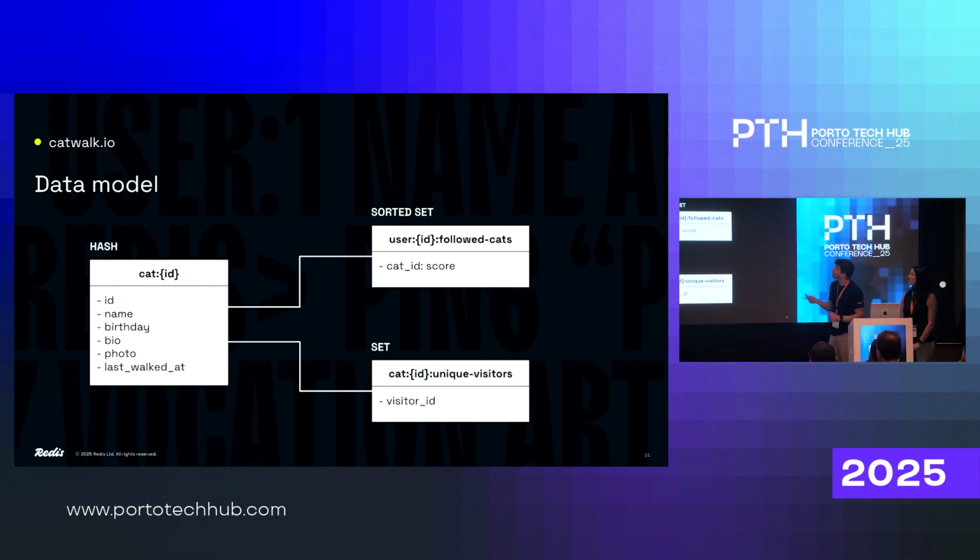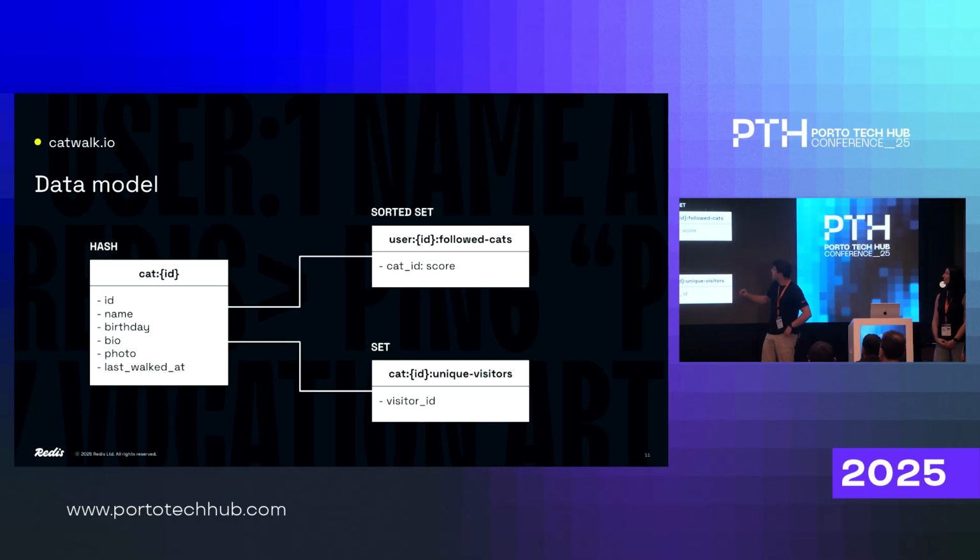Okay, so how did we model this application? We have a hash that stores all cats, under the key cat and the cat ID. There we store the ID, the name, birth date, and so on and so forth. Then to keep the set of cats a user follows, under the user ID key we keep the cats he follows.